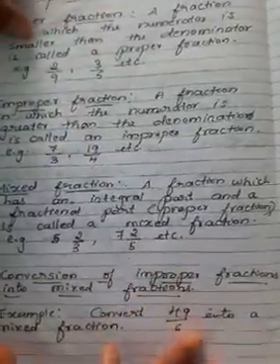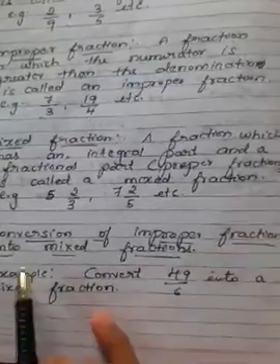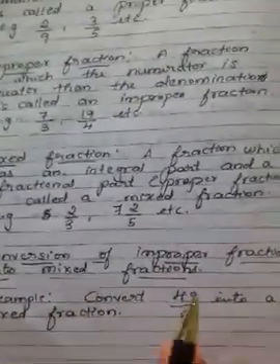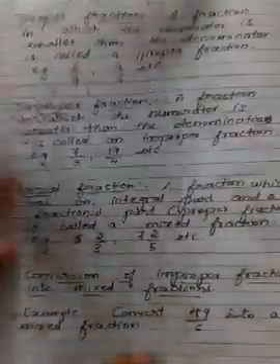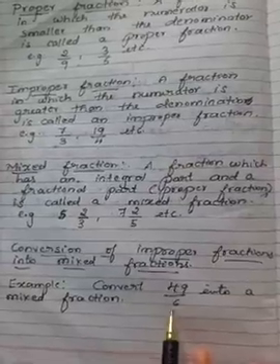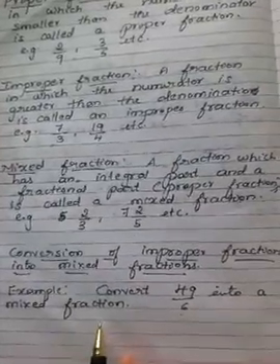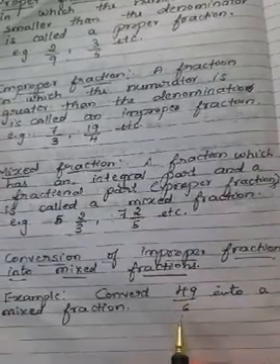Okay, now let's see how to convert improper fractions into mixed fractions. So what is improper fraction? Numerator is greater than the denominator. Correct? For example, now convert 49 upon 6 into a mixed fraction. 49 is greater than 6. Correct?